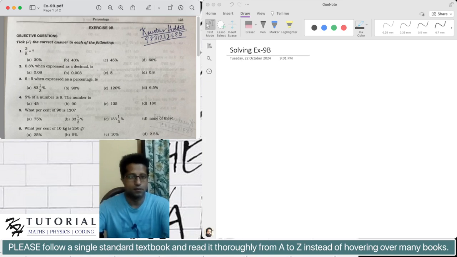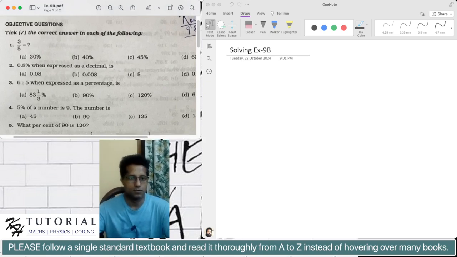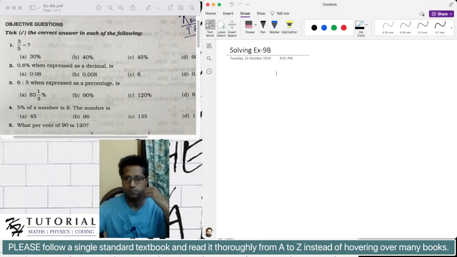Let me increase the font size a little more. Okay, on the right hand side, I will solve the problems, and after solving a problem, I will pause for a few seconds so that you can take a screenshot of the solution if you think it will help you. So let me quickly check if everything is visible or not. Okay, so let's start solving the problems.